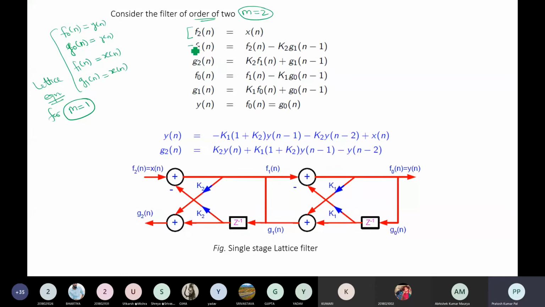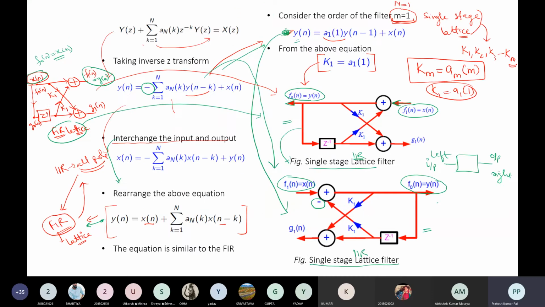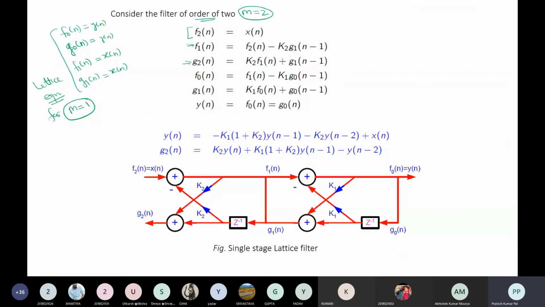This f1 will be coming out, and similarly z2 will be calculated, or we can directly say we are replicating this complete block. This is for one stage. Similarly, we will replicate it to the second stage. This is the first stage, and this is the second stage.